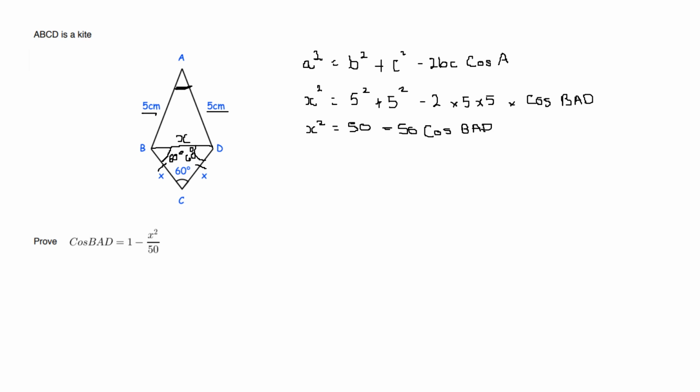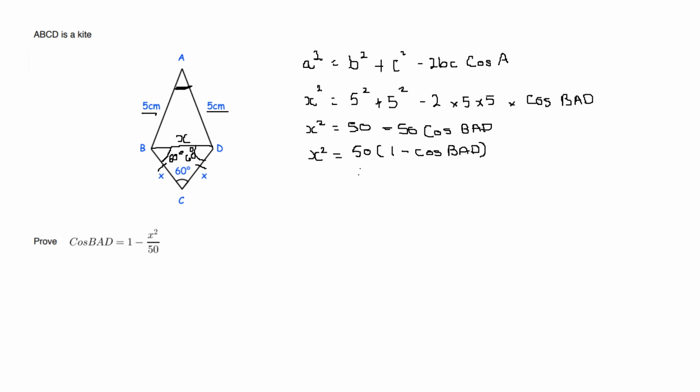Okay, now let's factorise the right hand side. So let's do x squared, let's take out 50 as a common factor, 1 minus cos BAD.